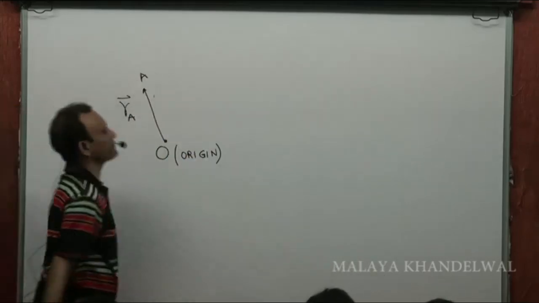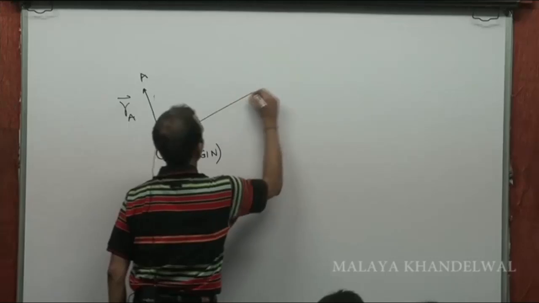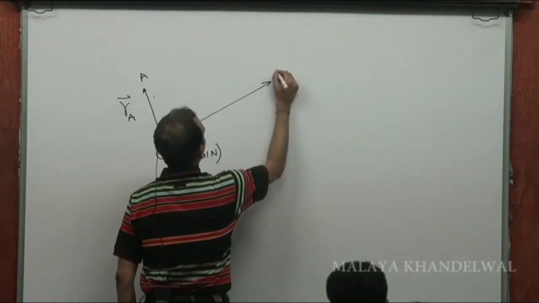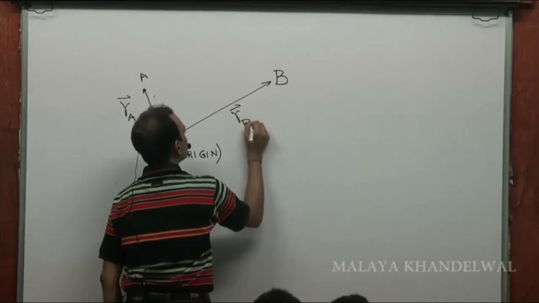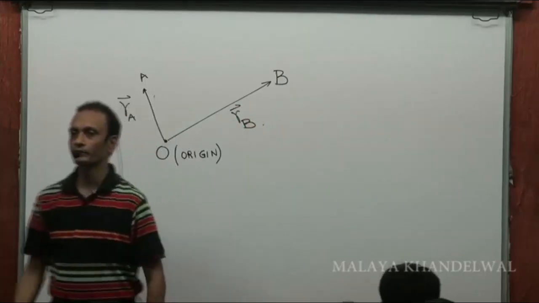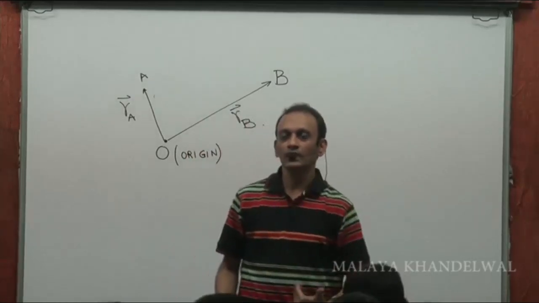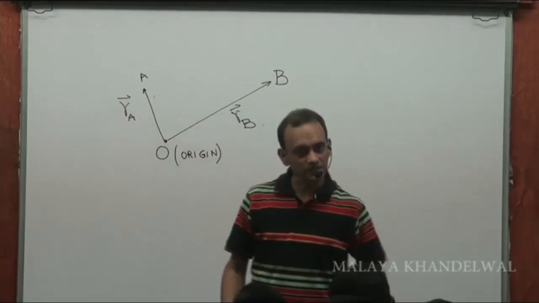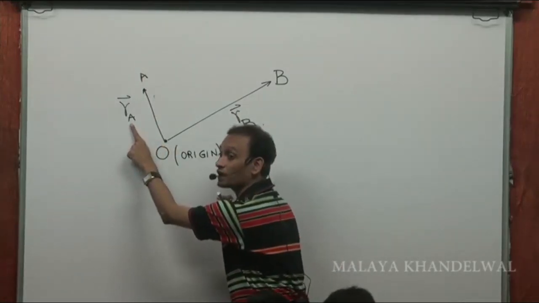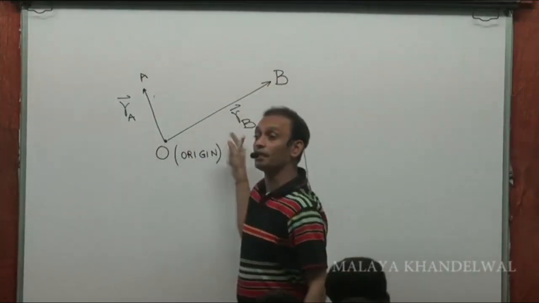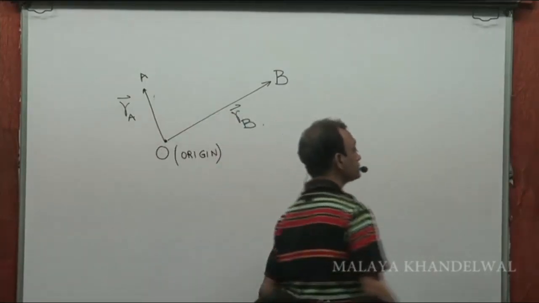OA measures the position vector of the particle A. If there is a particle B here, then OB measures the position vector of B, which is RB. That means if A is looked upon as an observer, then the position of A is measured with the help of the position vector RA. Position of B is measured with the help of the position vector RB. Yes or no? Right?